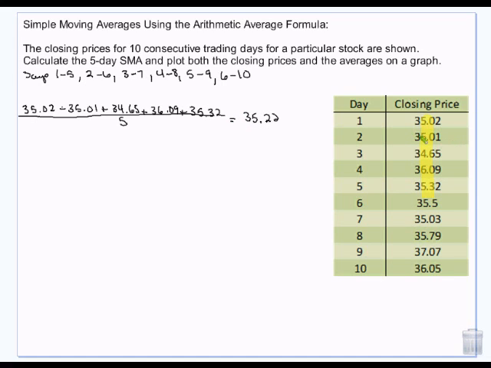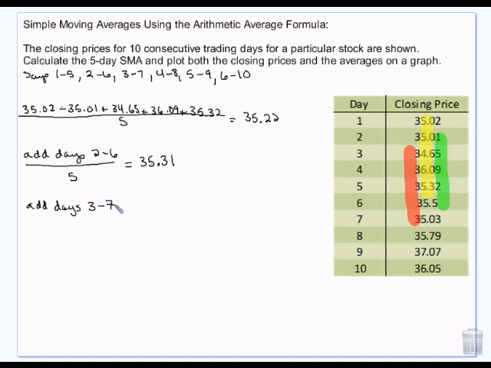And then for the next 5, I do these. And so I'm just going to write add days 2 through 6, divide it by 5, and you'll get 3531. Okay. Then for the next set, I move through those. So we're going to add days 3 through 7.